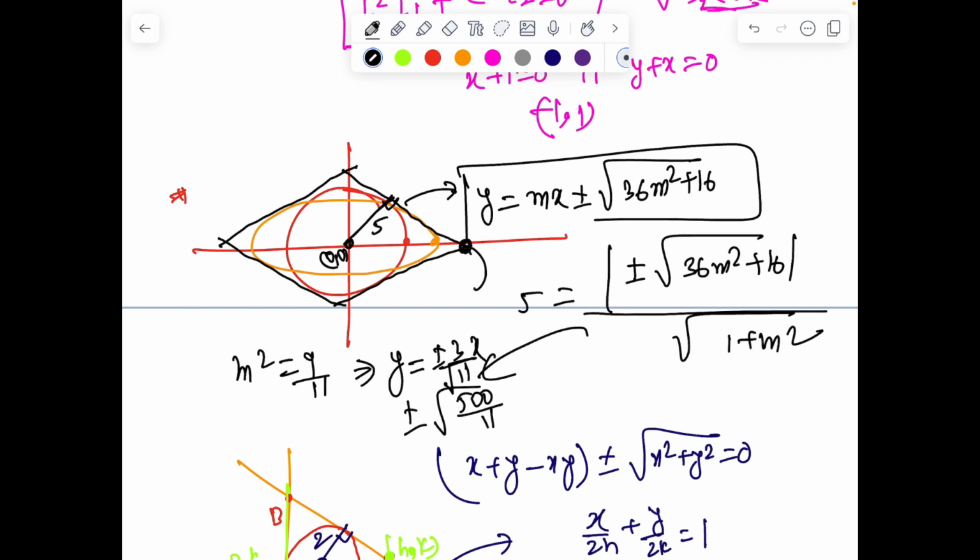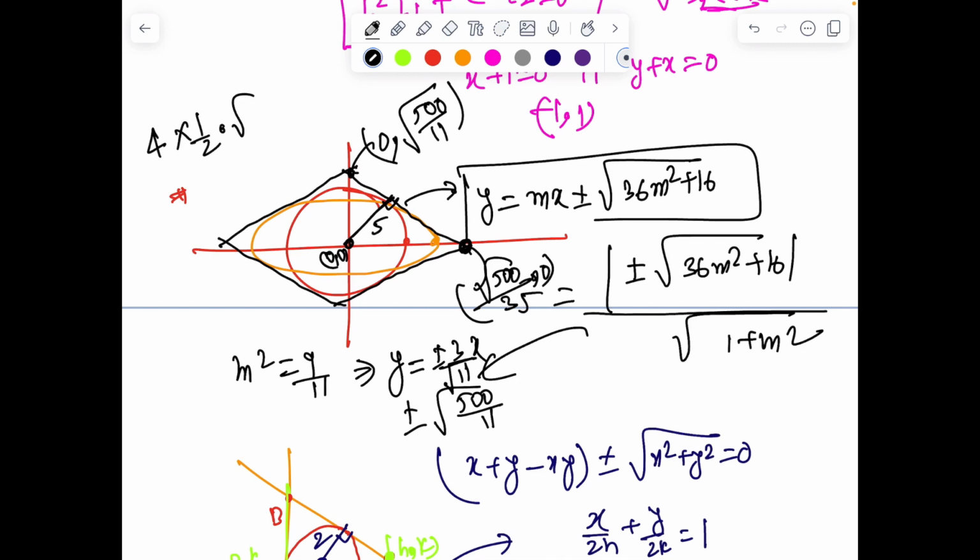So the point where the tangent intersects is (root 500 by 3, 0), and the other is (0, root 500 by 11). Hence the area is 4 times half into base root 500 by root 11 into root 500 by 3. So that is going to be 1000 by 3 root 11.